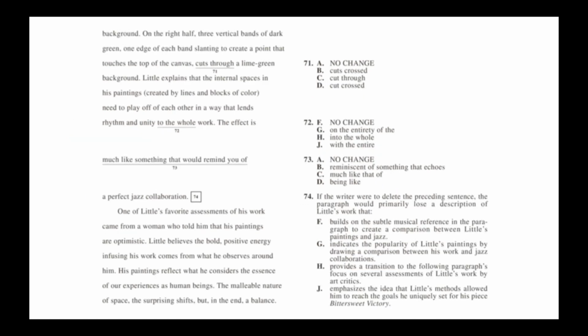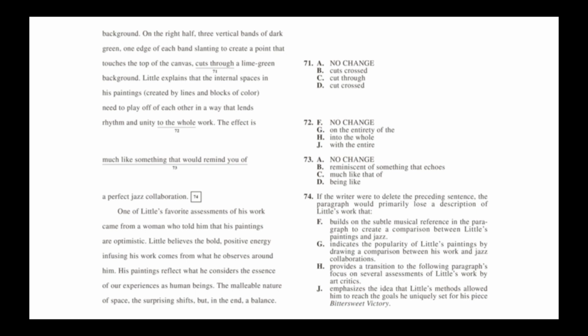On to the last few questions. Question 71. On the right half, 3 vertical bands of dark green, one edge of each band slanting to create a point that touches the top of the canvas, cuts through a lime green background. This question is dealing with concordance or number agreement. The subject of the sentence is 3 vertical bands, and 71 is cuts through.